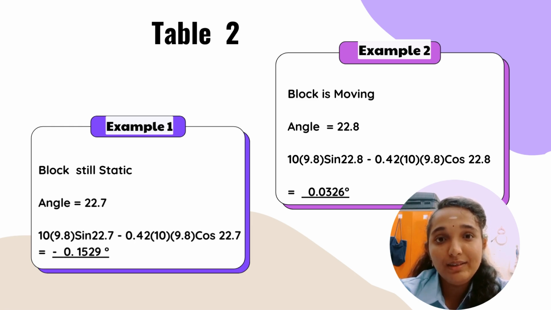Calculation for example 2: 10(9.8) sin 22.8 minus 0.42(10)(9.8) cos 22.8 equals 0.0326. So the numbers we get are about 0.